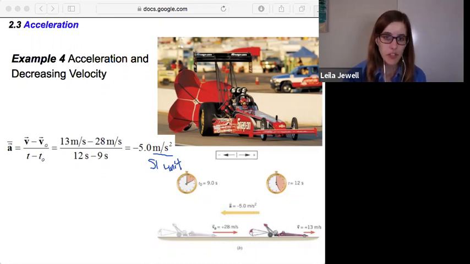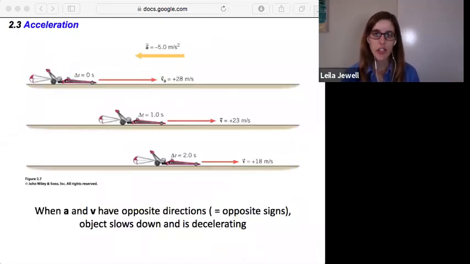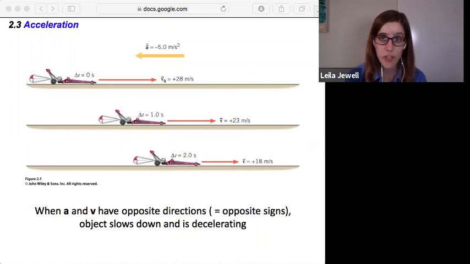So this brings us to an important point that's a fairly subtle one. And that's what's on the next slide here. When the acceleration and the velocity have opposite directions, which just means they have opposite signs, positive versus negative, the object slows down and is decelerating.